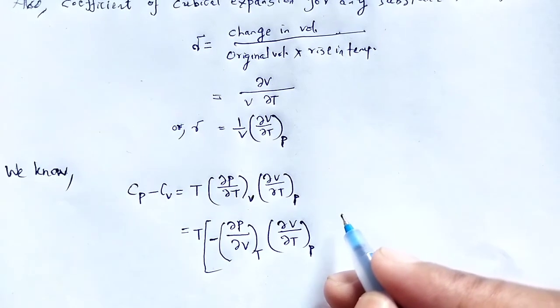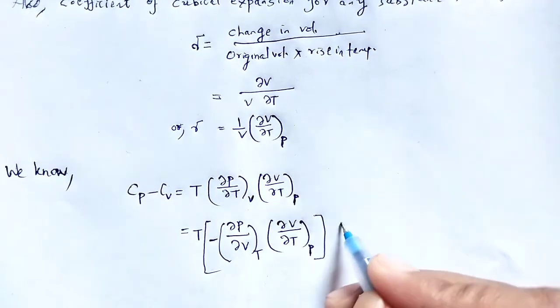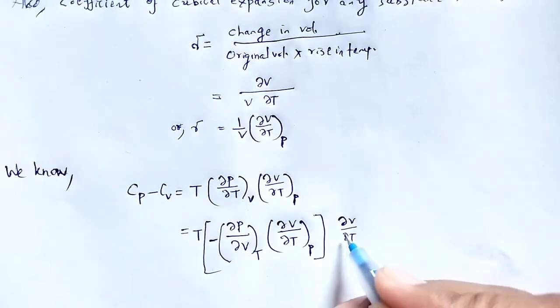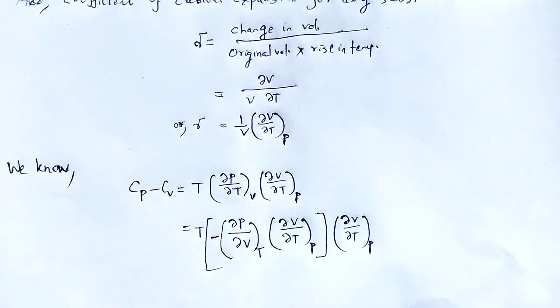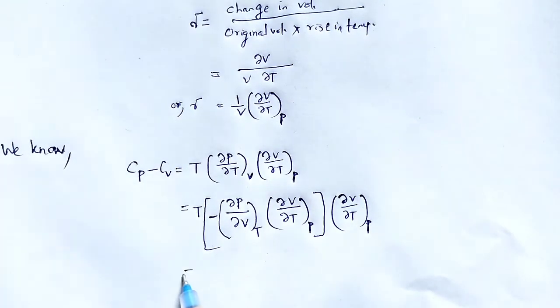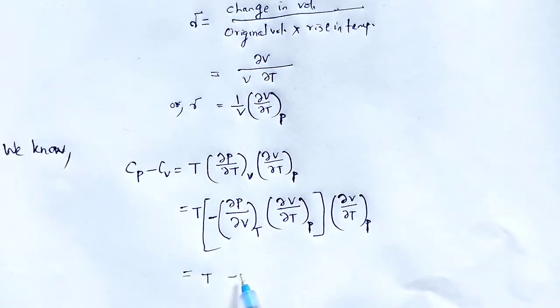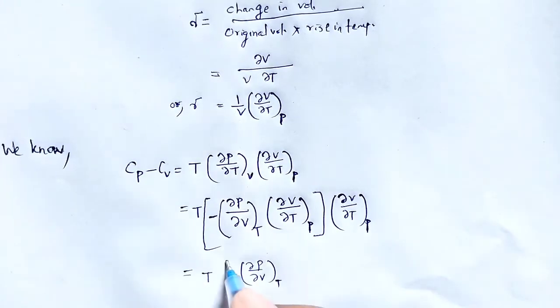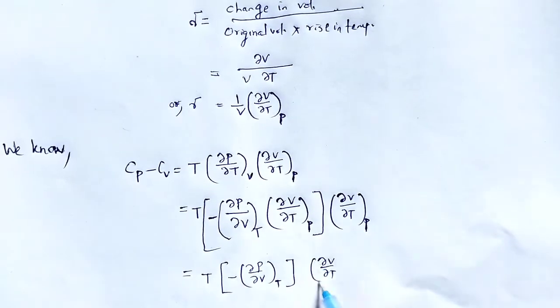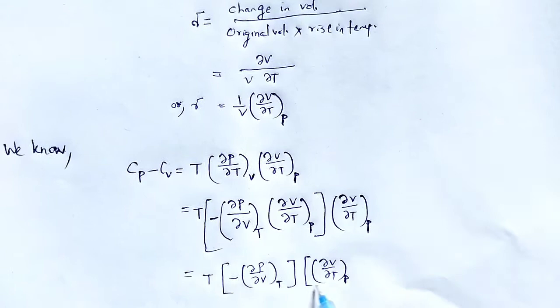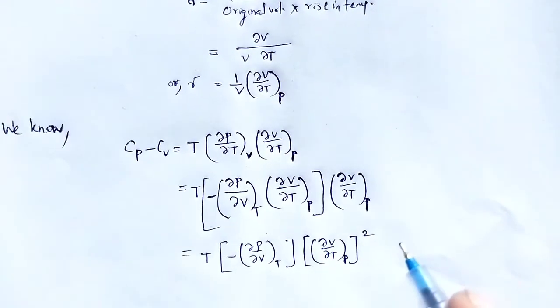Now that is del V by del T at constant pressure, that term. These two terms are multiplied, so here we get T times minus del P by del V at constant temperature into del V by del T at constant pressure whole square.